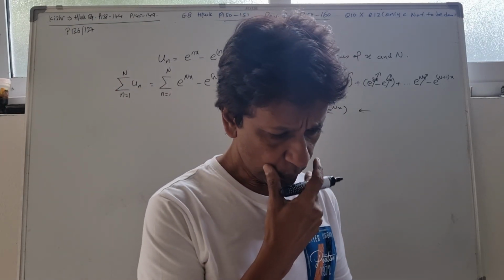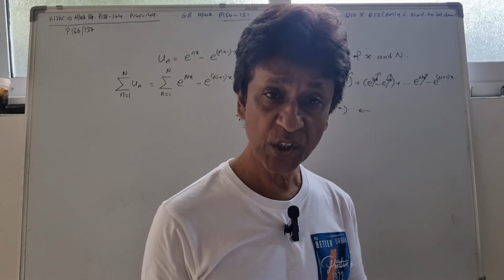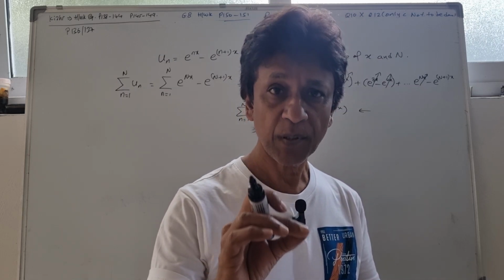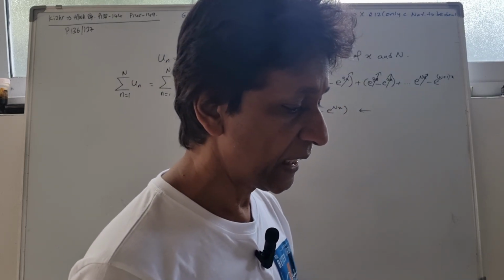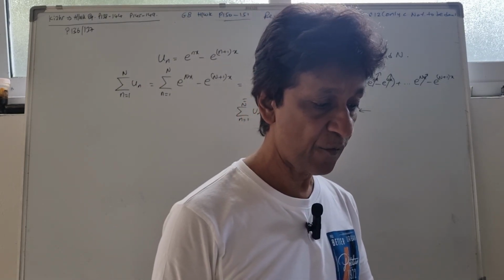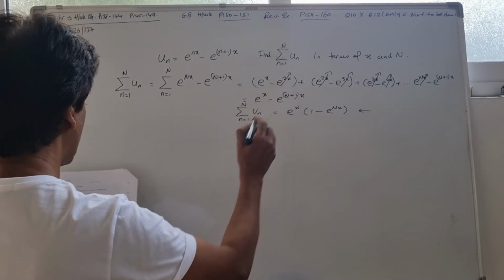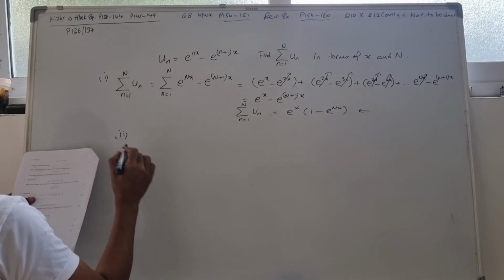The second part of the question: hence determine the set of values of x for which the infinite series u1 plus u2 plus u3 plus, to infinite terms, is convergent, and give the sum to infinity for cases where this exists. Now, what I'm going to do is write down the question. It's the second part, so let me put a second part here, and let's take this one as the first part.